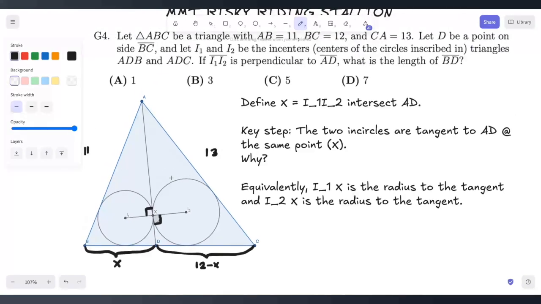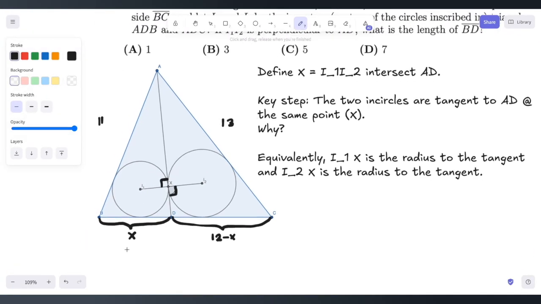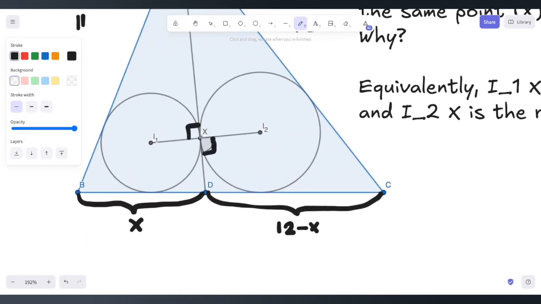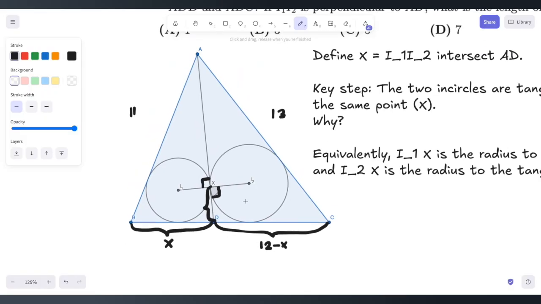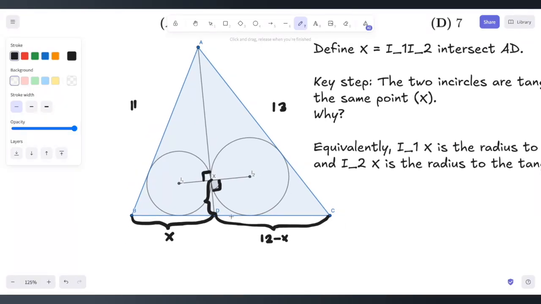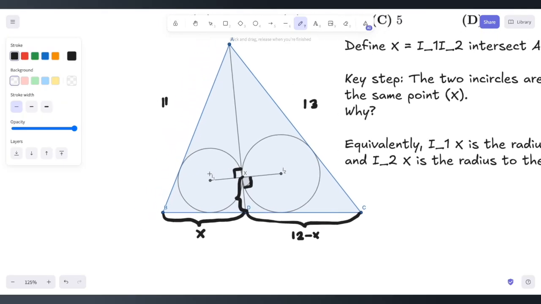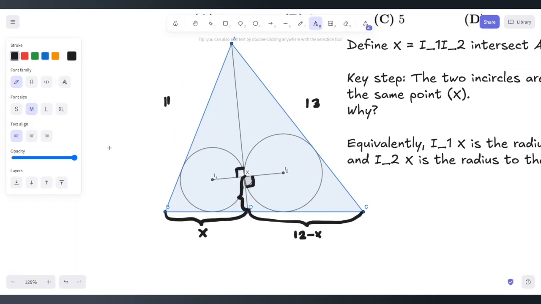So what we've just proved in Theorem 3 is that this length over here is going to be equal to AD plus BD minus AB. And so let's write that out.